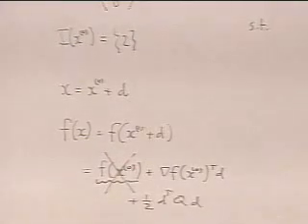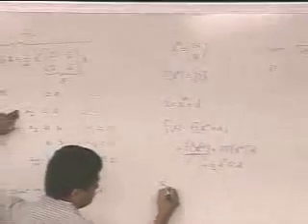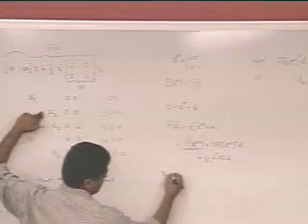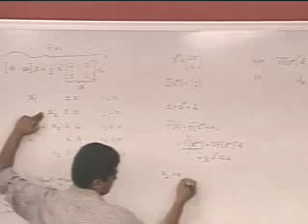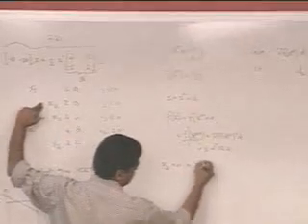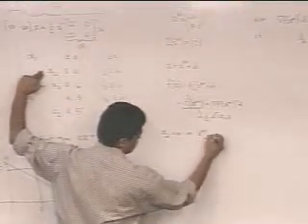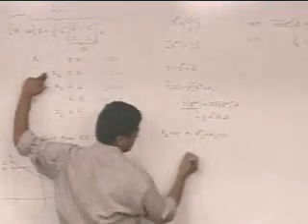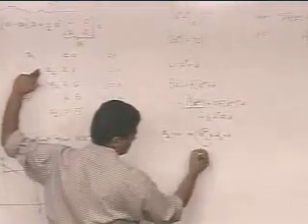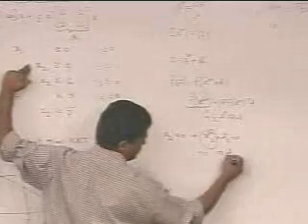Now, the other constraint I want is to make sure that this is always tight. So I have to make sure that x2 is equal to 0, which is the same thing as saying x02 plus d2 must be equal to 0. But x02 is equal to 0, which implies that d2 must be equal to 0.